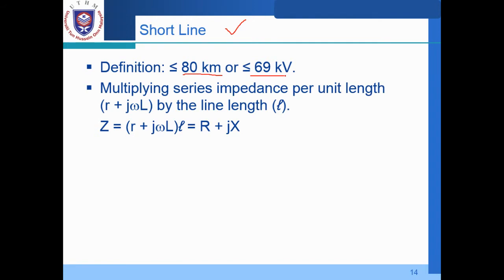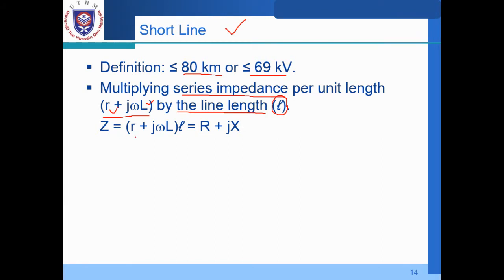So what should we do with the impedance? We multiply the series impedance per unit length by the line length. L is the symbol of the line length in kilometers, of course. So this is the series impedance of the transmission line consisting of R and L, the resistance as well as the inductance.